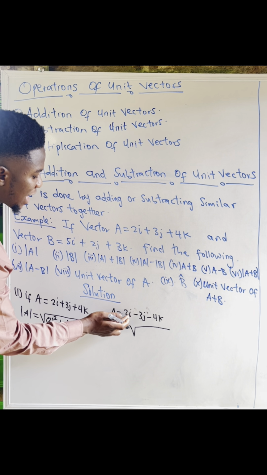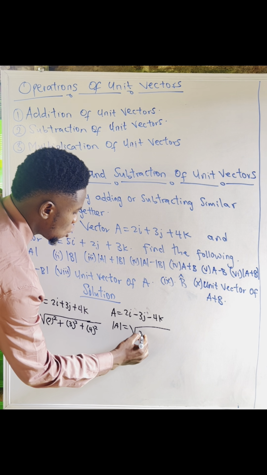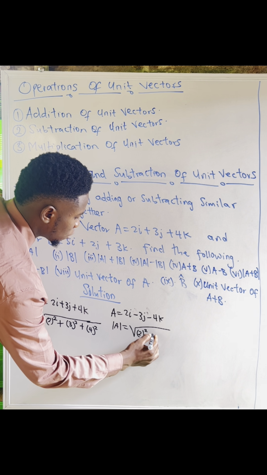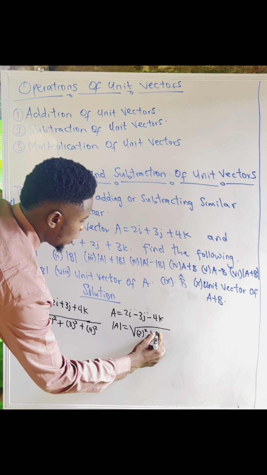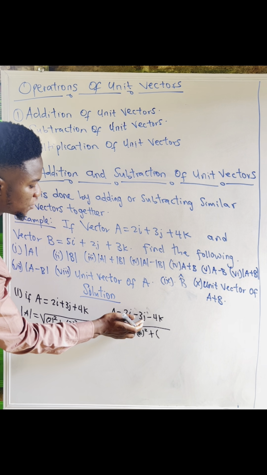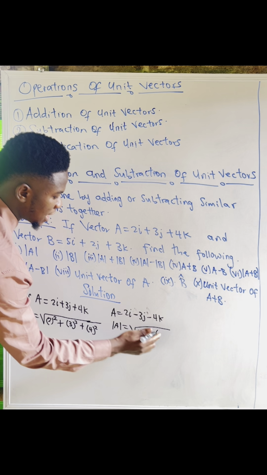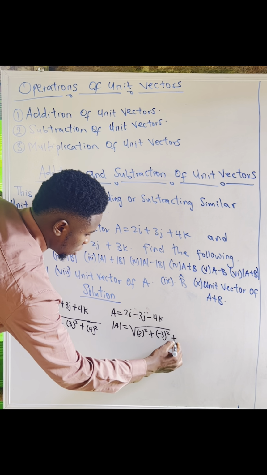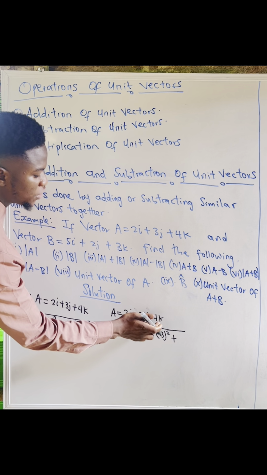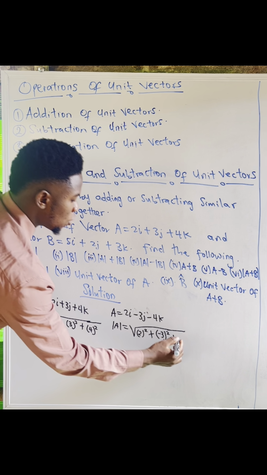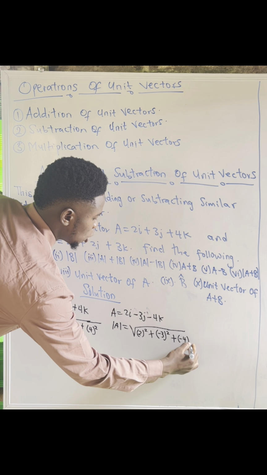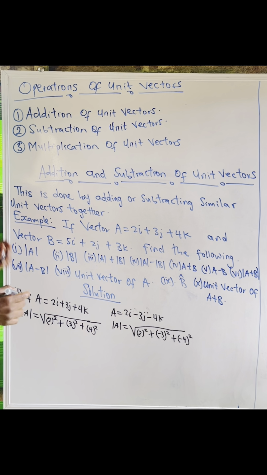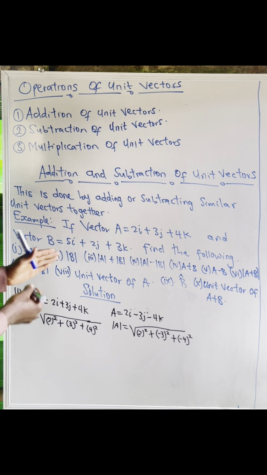The coefficient of i here is 2, so that will just be 2 put inside a bracket, squared. You put plus, and open another bracket. What is the coefficient of j here? That is minus 3. Minus 3 all squared. You also put plus. What is the coefficient of k here? Minus 4, all squared. So you have to be very careful whenever you are looking for the magnitude of a vector.